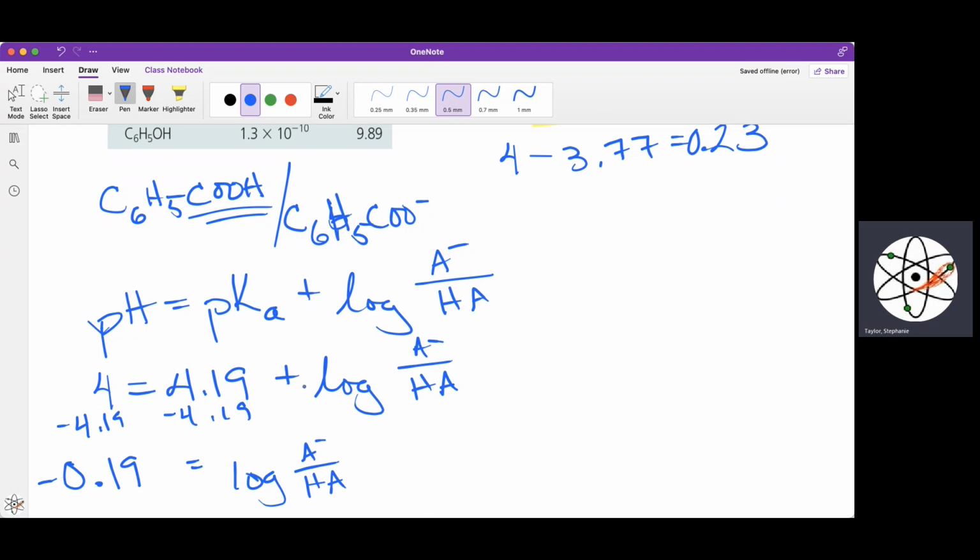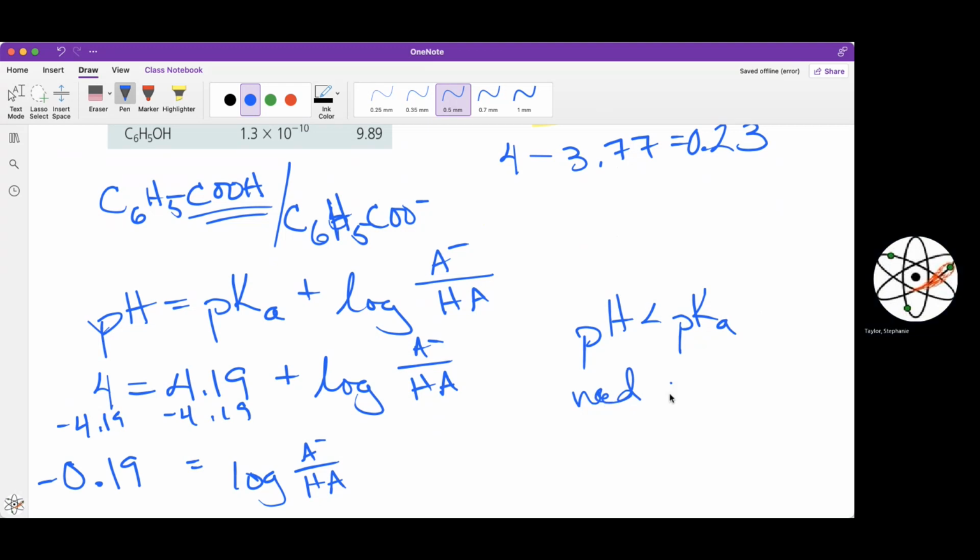One thing I should note here is that my pH is less than my pKa value. I'm going to need more HA, more of the acid, in that ratio.